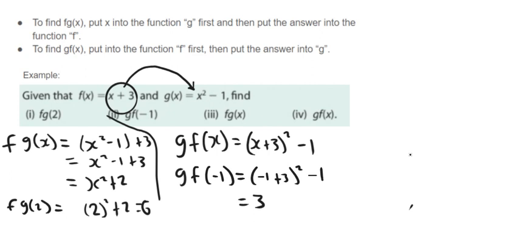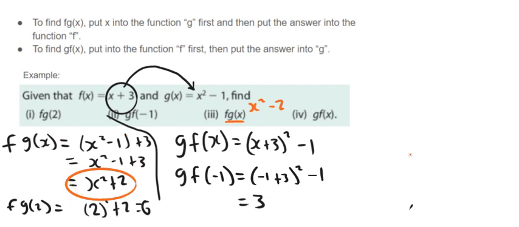The third part is actually, you've already found it. f of g of x, it's just going to be this here, so x squared plus 2. You're just putting the function g into f. So I won't bother showing the workings again, they're exactly the same as I've done here.